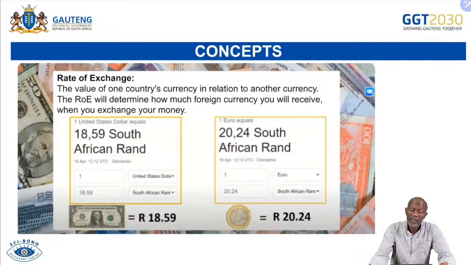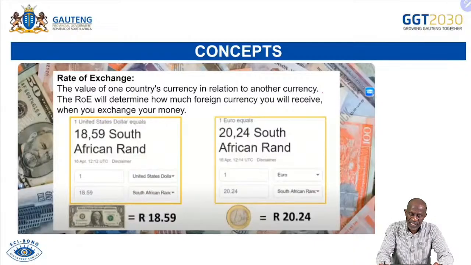As we move further, other than foreign exchange, there is a rate of exchange, which is a concept also important to us when we do foreign exchange. The rate of exchange implies the value of one country's currency in relation to another country. How much is the worth of a currency of a specific country compared to that of another country? So two currencies have been juxtaposed here.